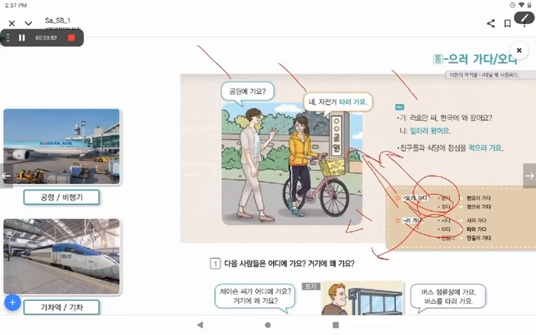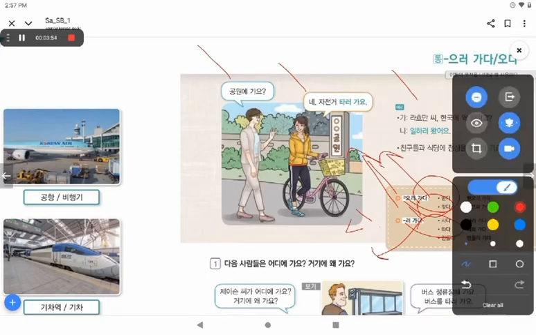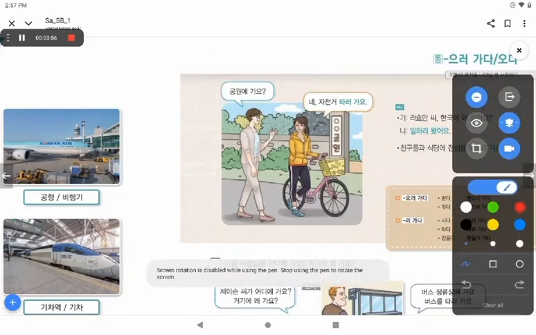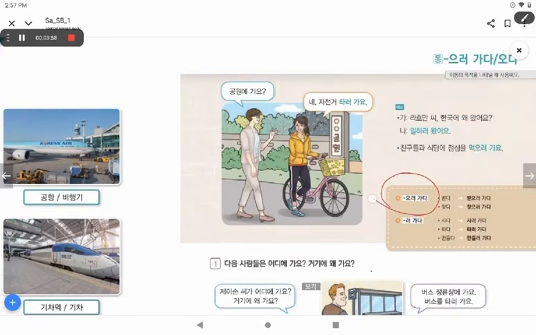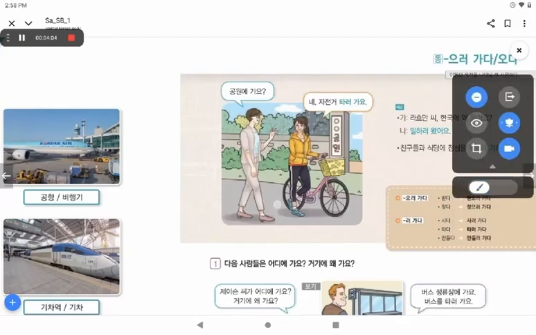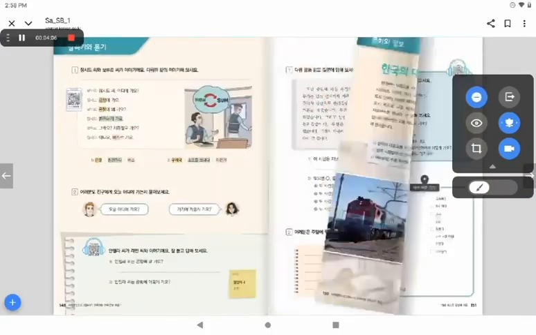Words that end with a consonant use 으러 가다, and words that end with a vowel use 러 가다. Okay? Now, pronunciation.